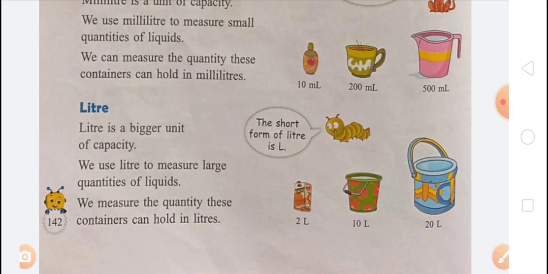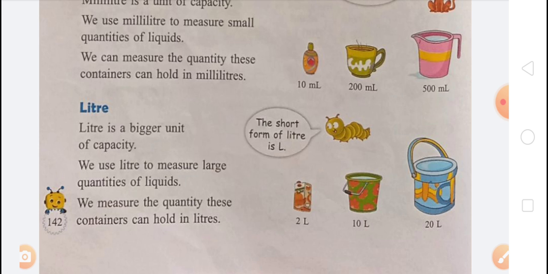Liter is a bigger unit of capacity, and we use liter to measure large quantities of liquid, like a bottle of oil that can hold more than 2 liter, a bucket that can hold 8 to 10 liter water, and any tanker, any container that can hold 500 liter water.